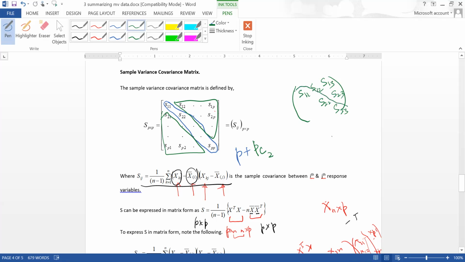So 3, that's the diagonal, plus you have 3 responses, taking 2 at a time. How many possible combinations? So altogether there are 6. 3C2 is 3, that's these 3, and this 3 is the diagonal elements. Is that clear?